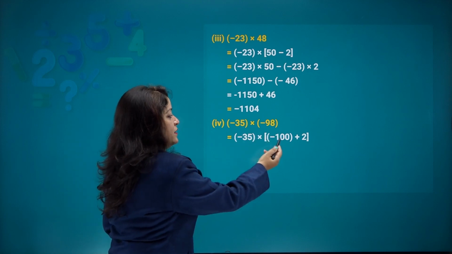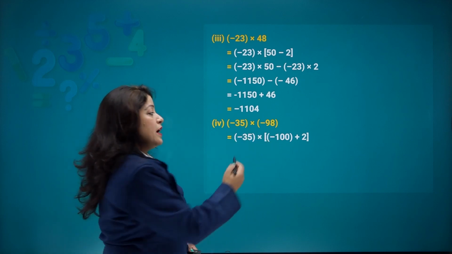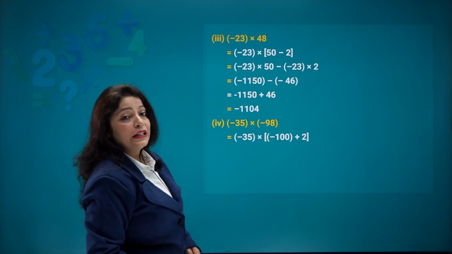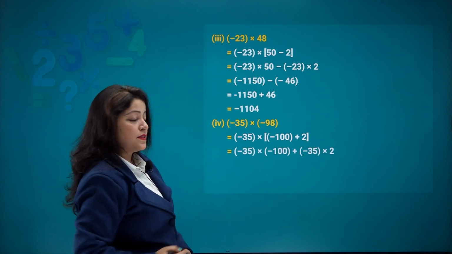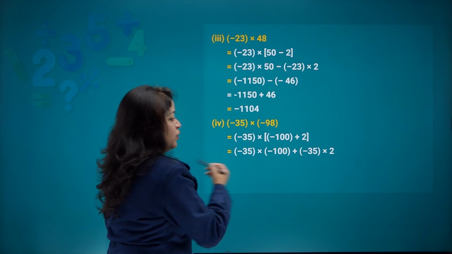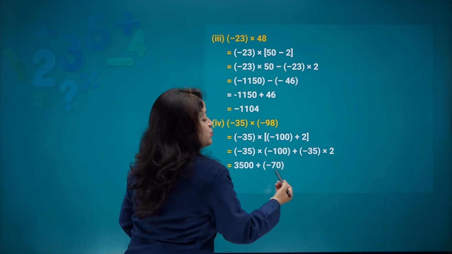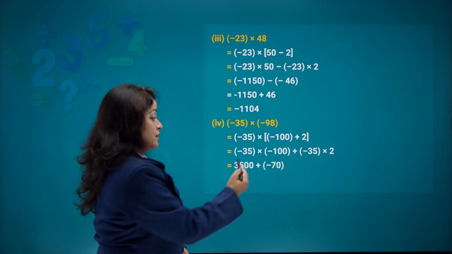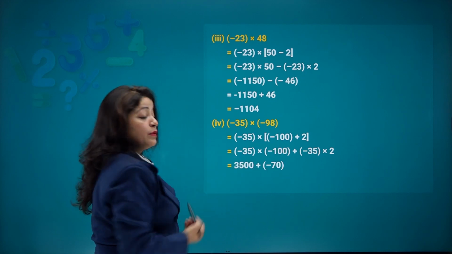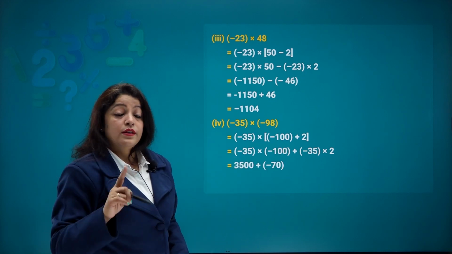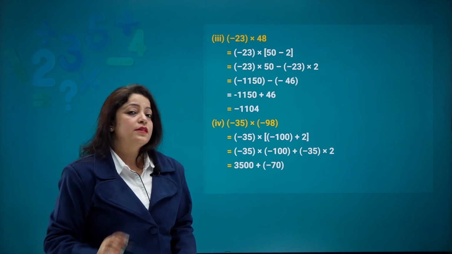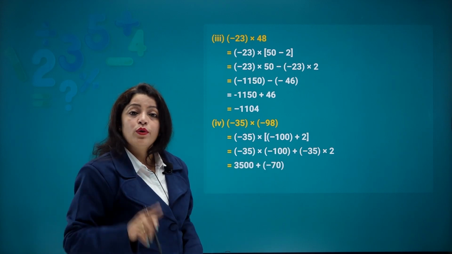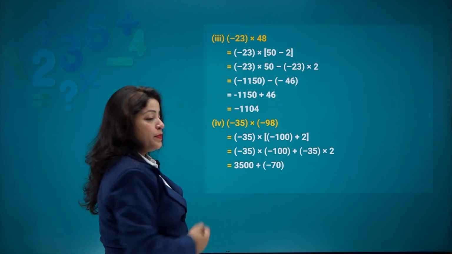So multiply minus 35 by minus 100 and minus 35 by 2 and then put a plus sign in between the two brackets like this. Multiply these two and multiply the next two numbers, that is minus 70. Now, since there is a plus sign before the bracket, the sign of the number in the bracket will not change, it will remain the same. It gets changed only if there is a minus sign before the bracket.